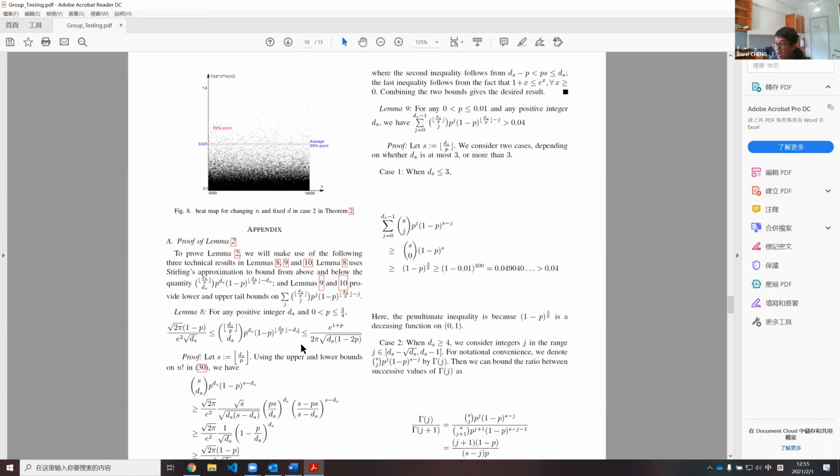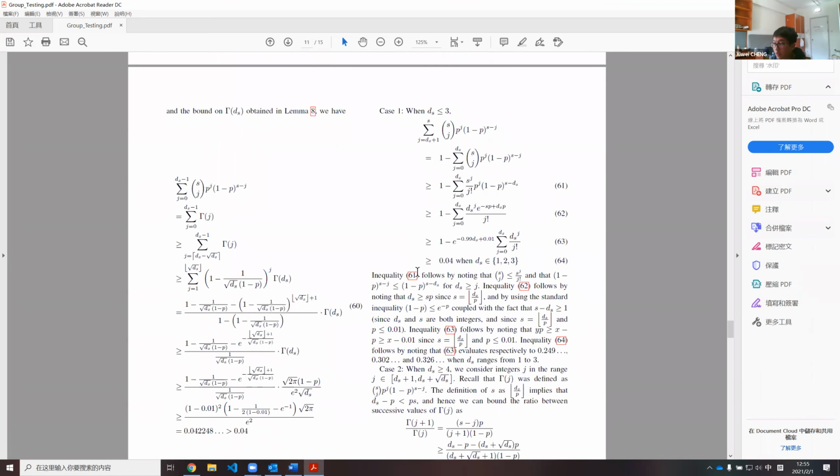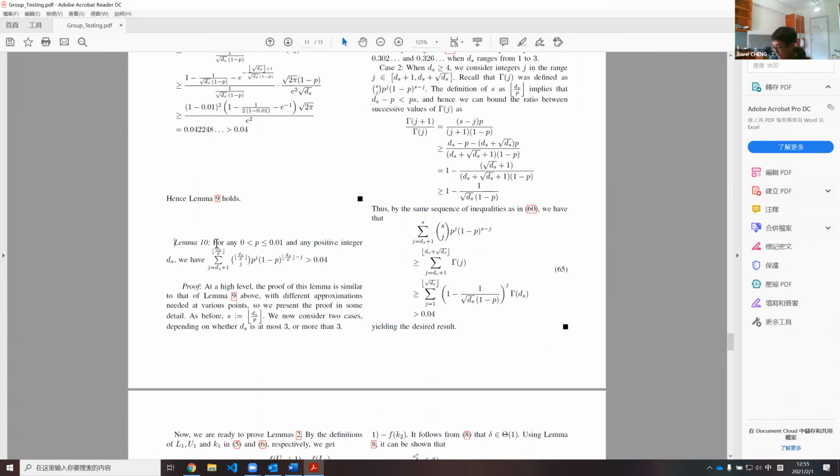And lemma 9 bounds the probability that there are less than ds defectives in the ds over p items. And then lemma 10 bounds the probability that there are more than ds defectives in the ds over p items.